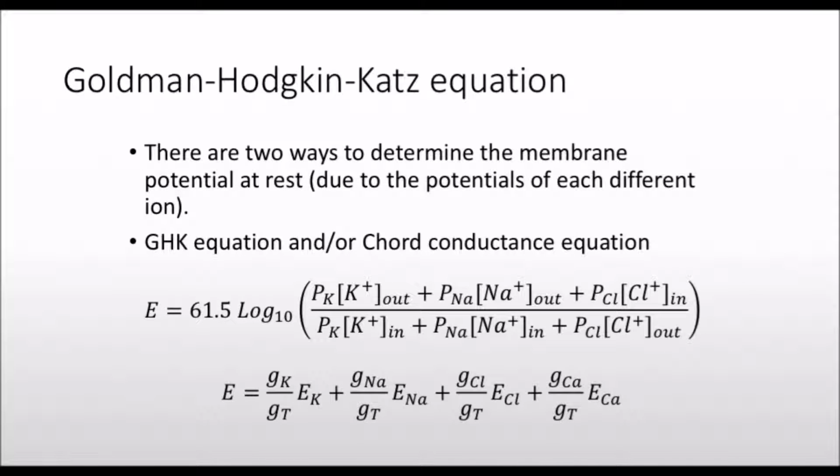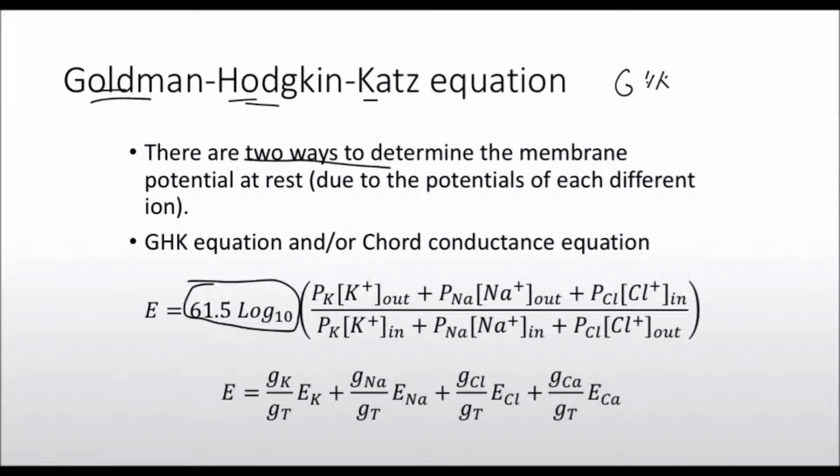Then last but not least, we have the Goldman-Hodgkin-Katz equation, sometimes called the GHK equation, sometimes called the Goldman equation, sometimes called Hodgkin-Katz. Whatever you call it, it's basically one of the two ways we can determine the resting membrane potential. And I just alluded to this in the last slide. So we have the first part, this Nernstian part of the equation.